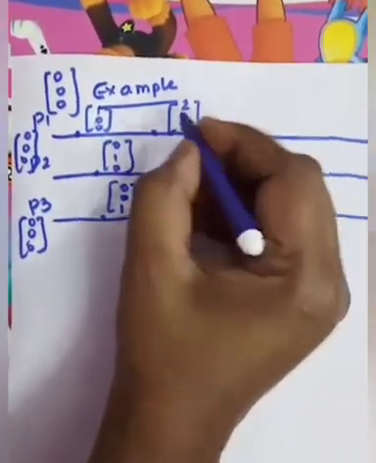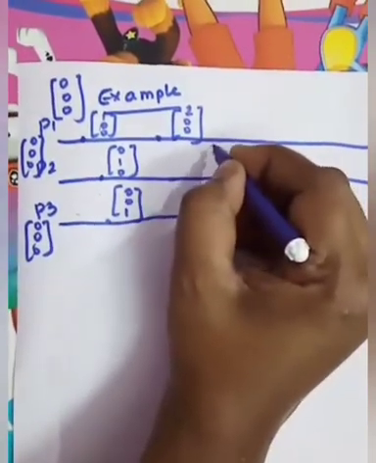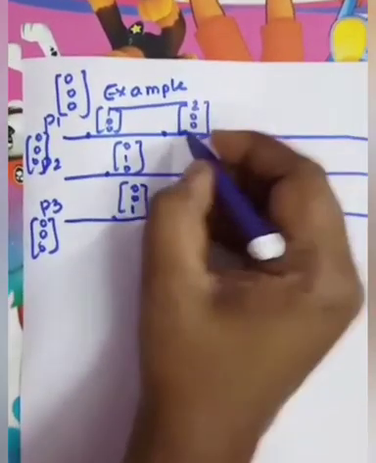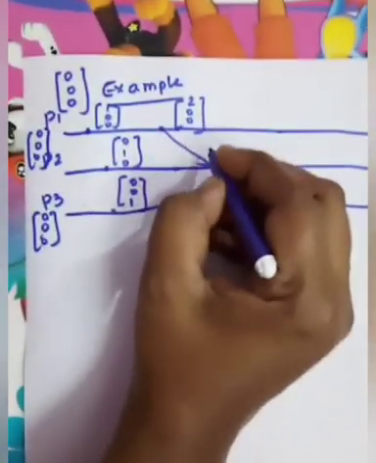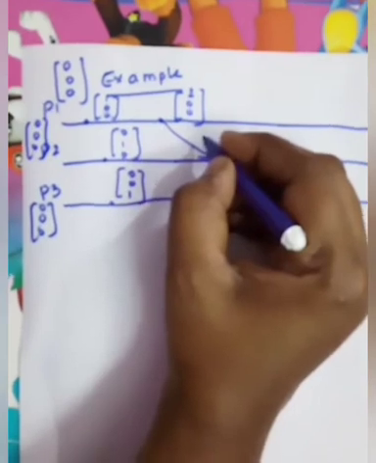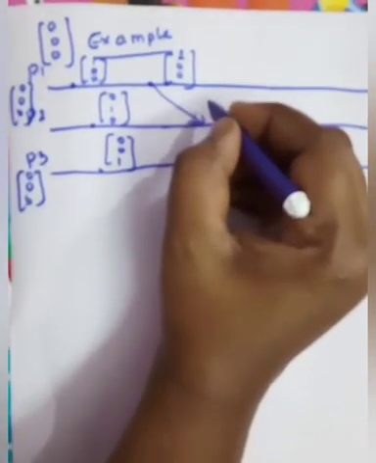Assume at 2, 0, 0 a message is sent to process P2. When a message is sent, along with the message the timestamp value, that is 2, 0, 0, will also be sent.